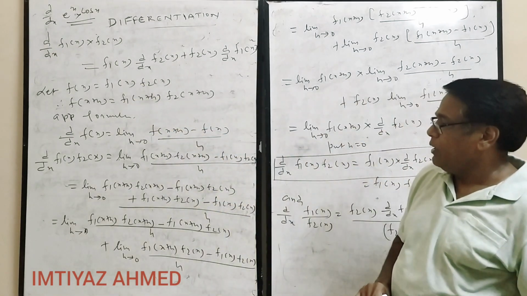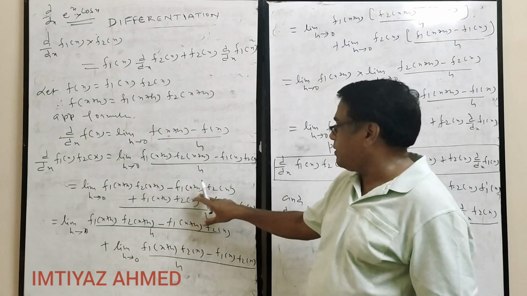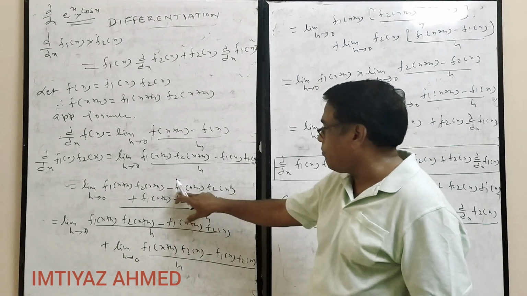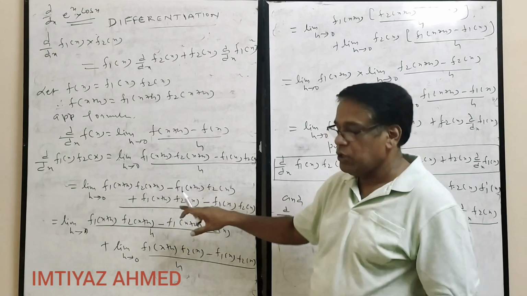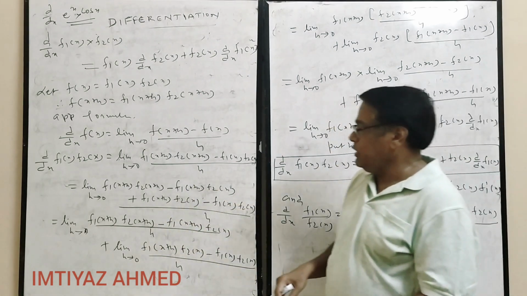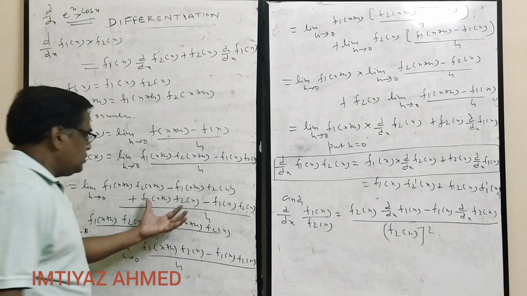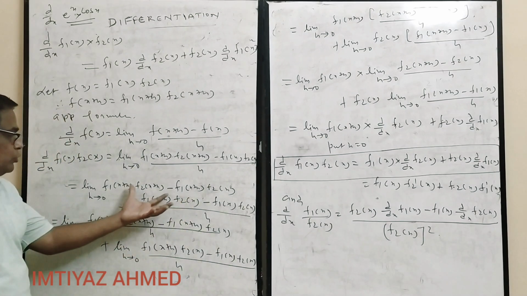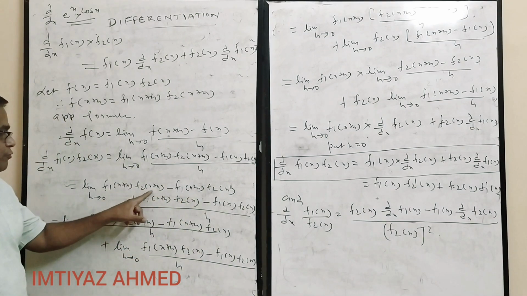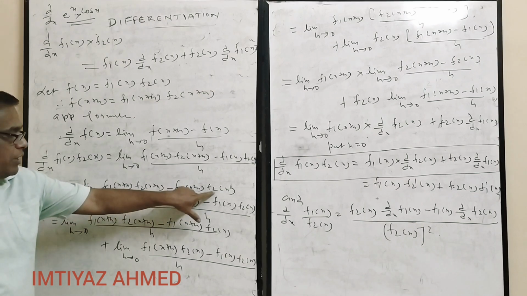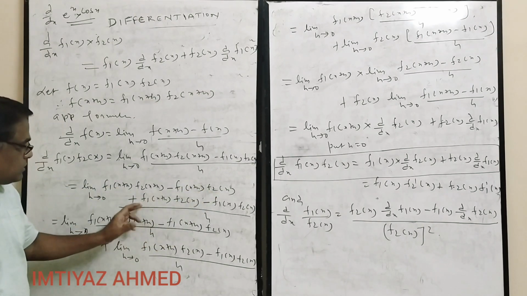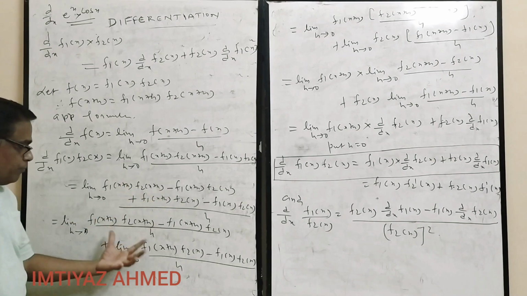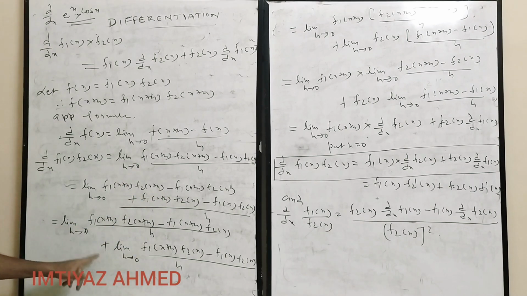Now here I am adding and subtracting f1x plus h, f2x to get the formula. Now from these two steps I am going to break it: f1x plus h, f2x plus h minus f1x plus h, f2x upon h, plus this function, which will be broken into two parts, and the same with the limit.